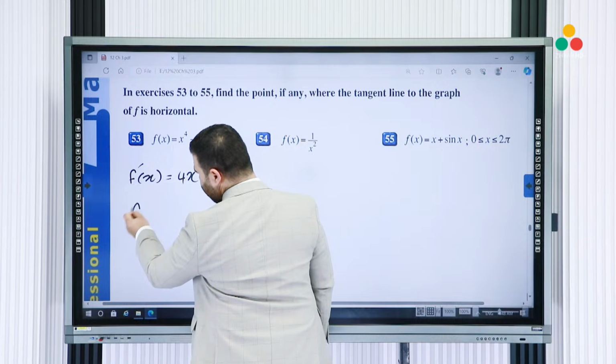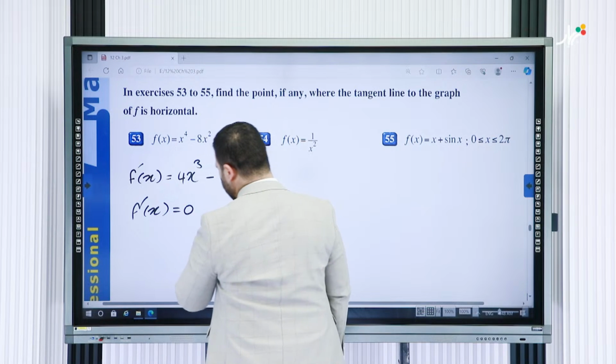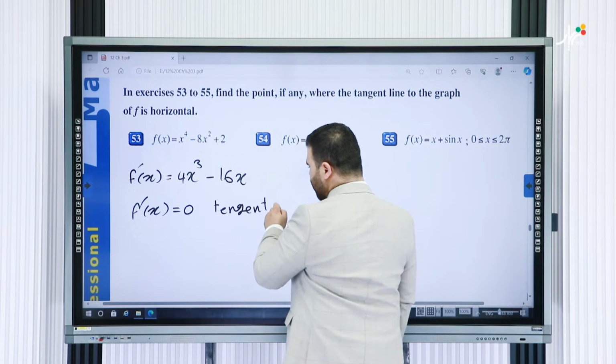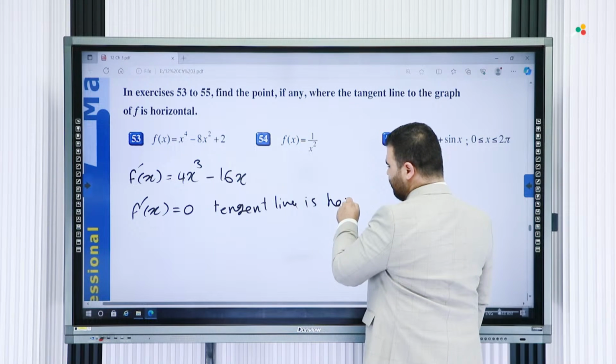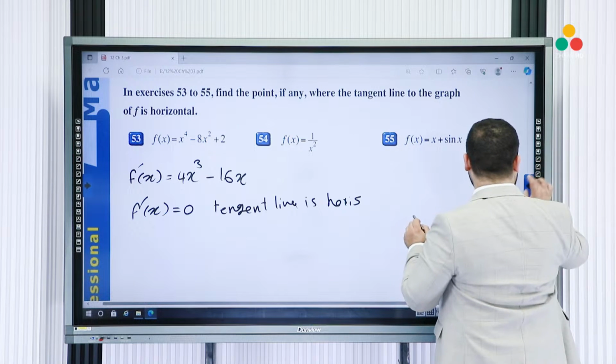f prime of x equal to 0 means the tangent line is horizontal.